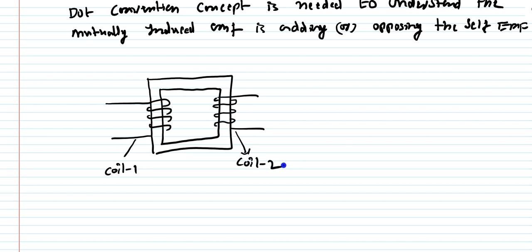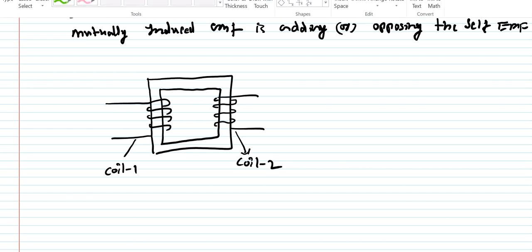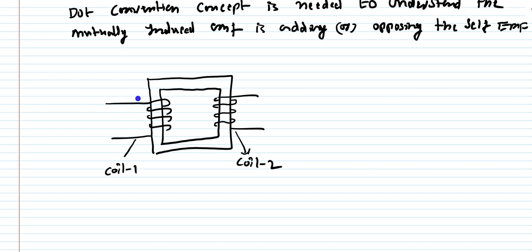And suppose this is the current direction of I1, the current flowing through this winding.